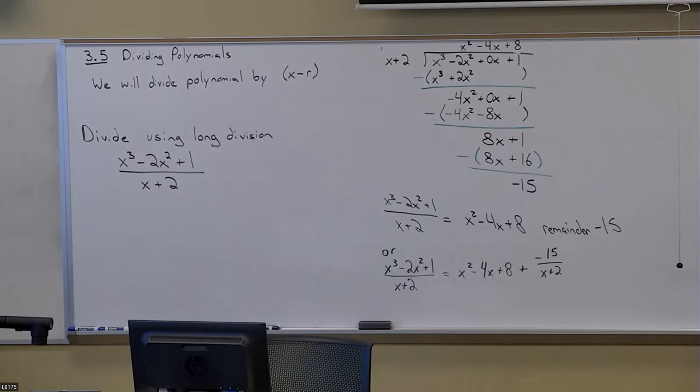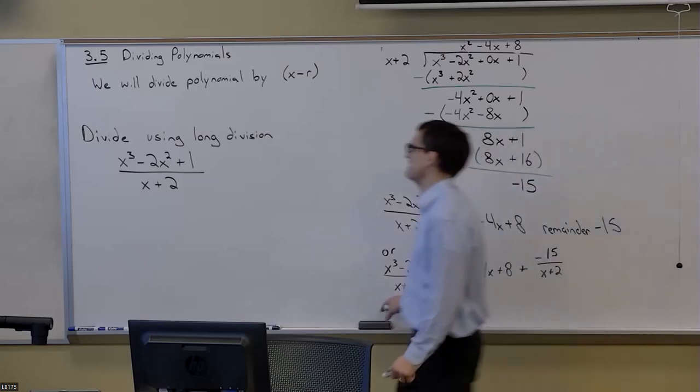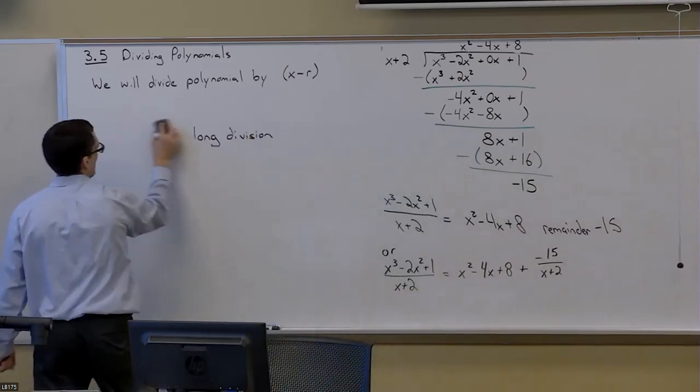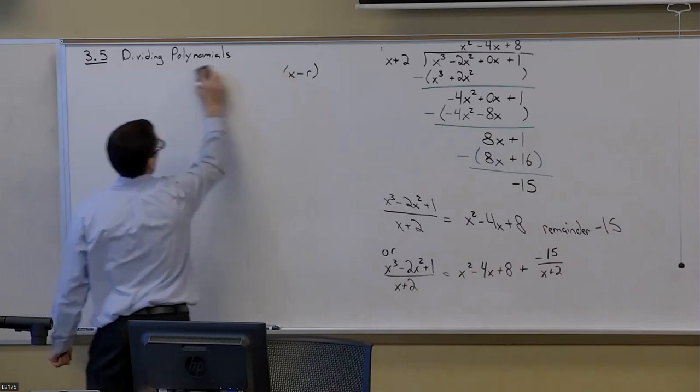That remainder is just like what part of the x plus 2 I'm going to use. So it's like a numerator in my fraction. Is that all right? Long division? Let's do another long division.